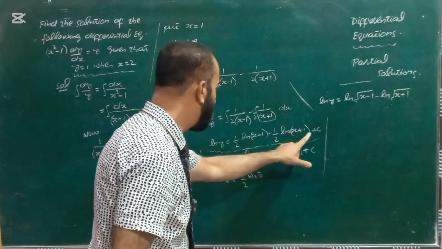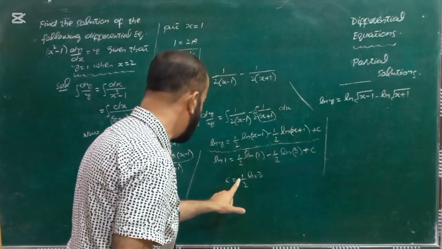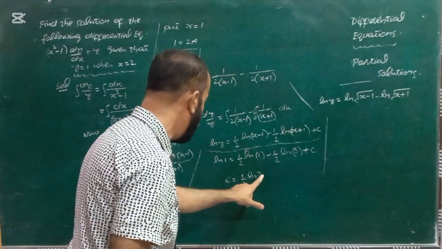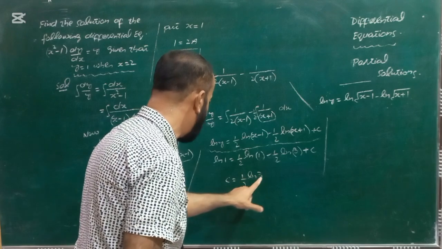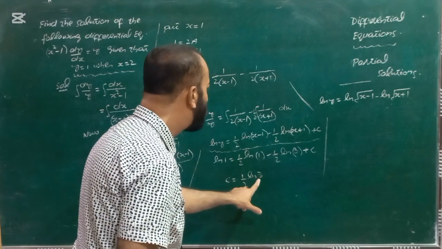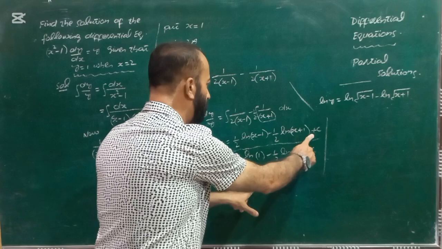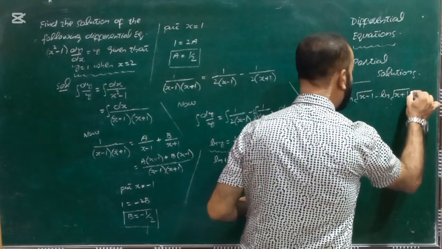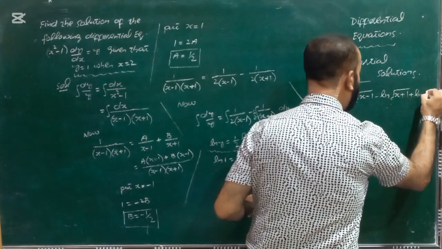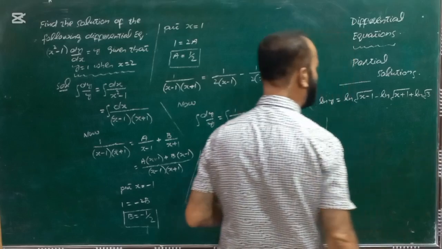And likewise c is this one, so this value will come into the power of the 3, so natural log of square root 3, and because c is plus, so plus natural log of square root 3.